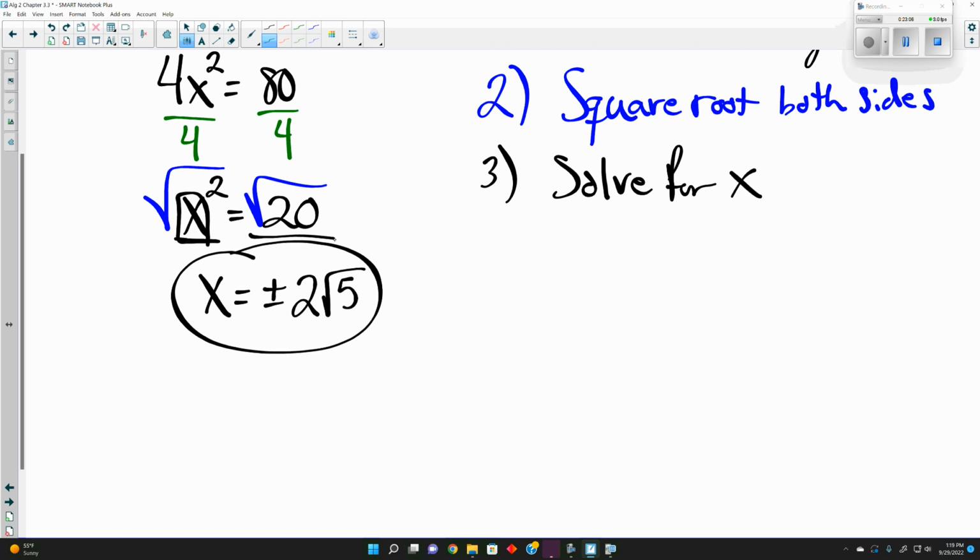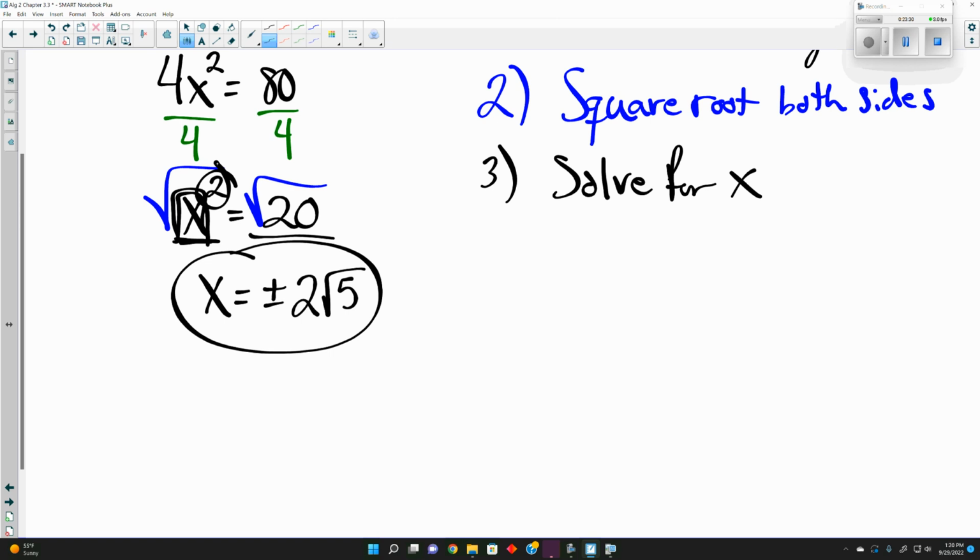So for all of the square roots, we have to always add the plus or minus. If we square root both sides, we have to add the plus or minus. If we square both sides, we apply a second power to both sides, we don't. It's only when we square root. Because what is happening here? We're saying that this x is being squared. What's inside of it could be positive or negative.